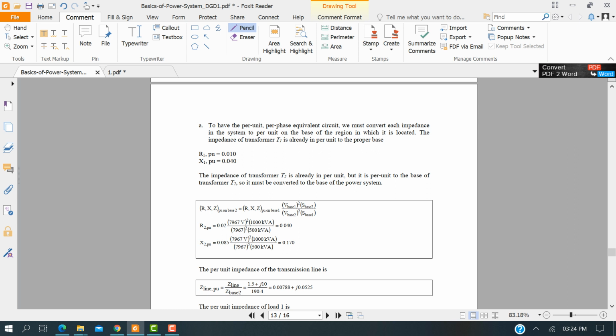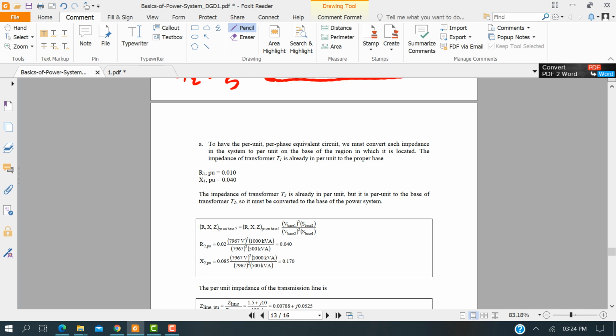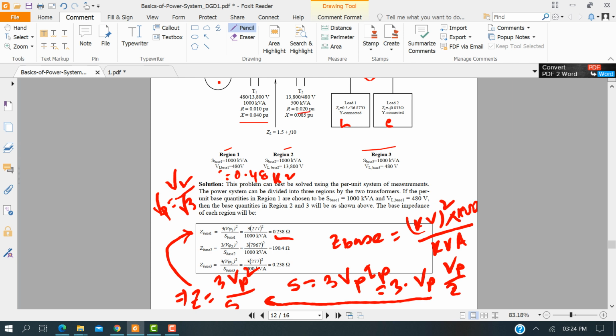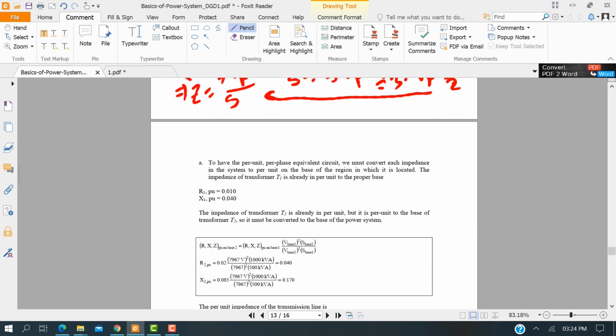Accordingly, it could be resistance, reactance or Z, whatever the expression is for, we use the same approach. So for transformer T2, the given value is 0.02 per unit, and we use V base 1 over V base 2.